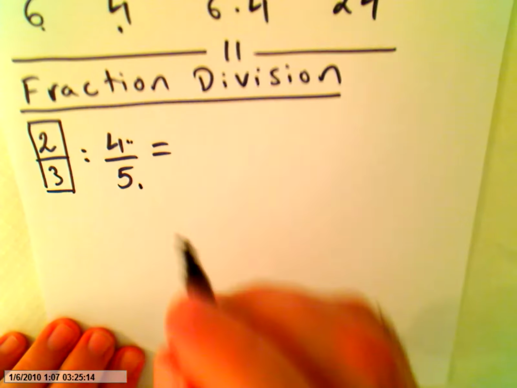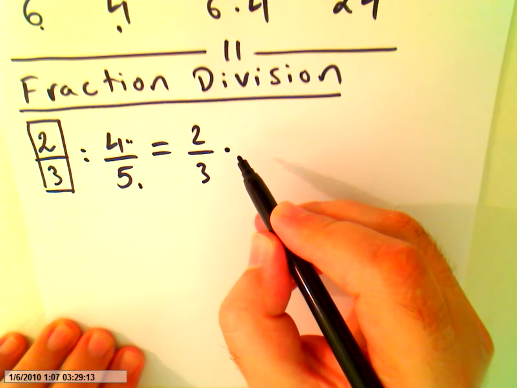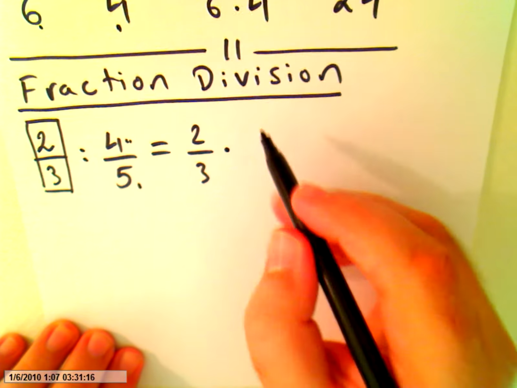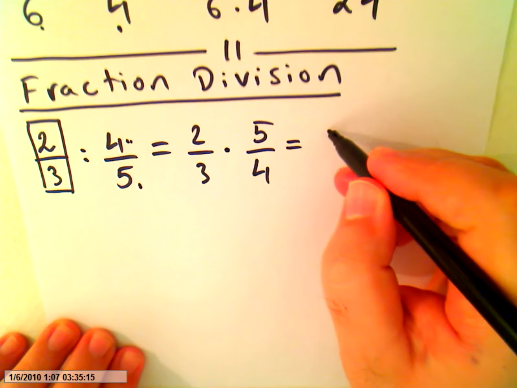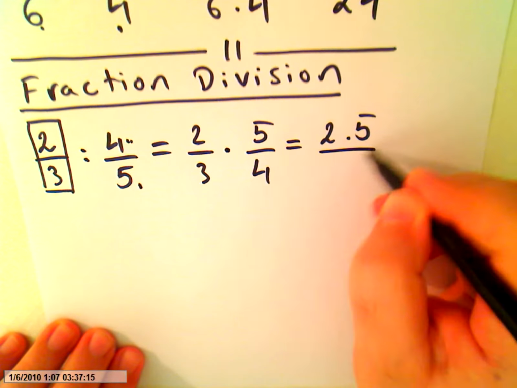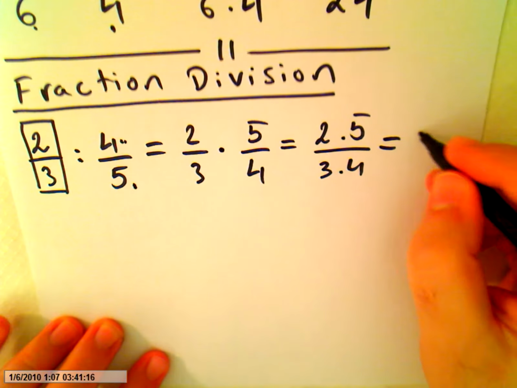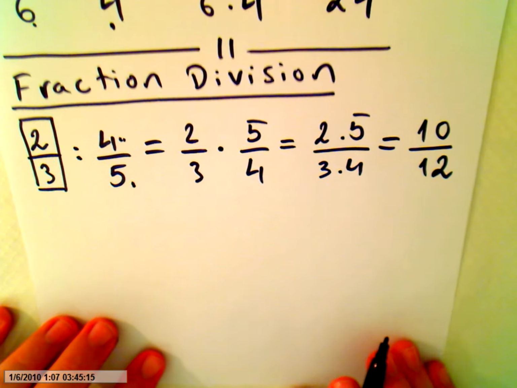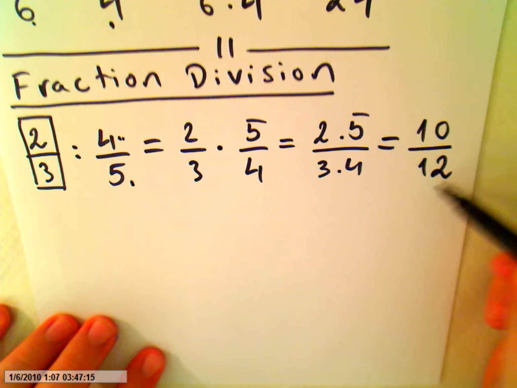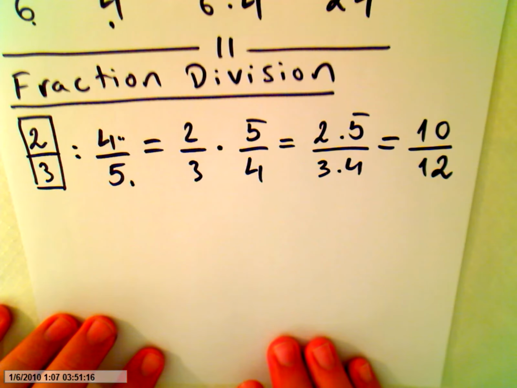So it will be 2 over 3 times, and now you switch the second fraction, 5 over 4. That is 2 times 5 over 3 times 4 equals 10 over 12. Later we will do an operation on this number too. Okay.